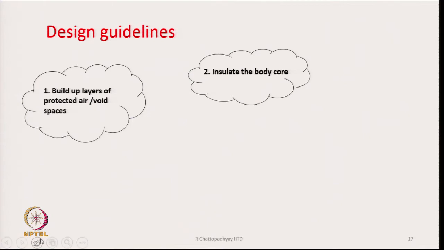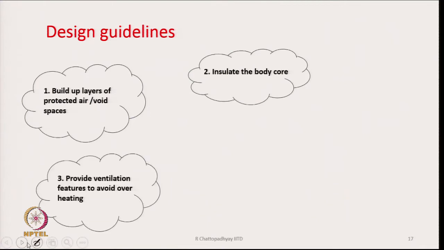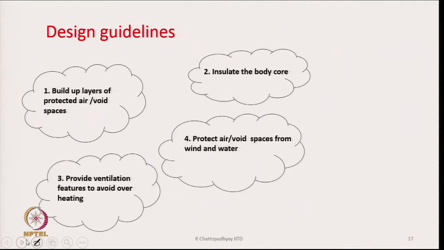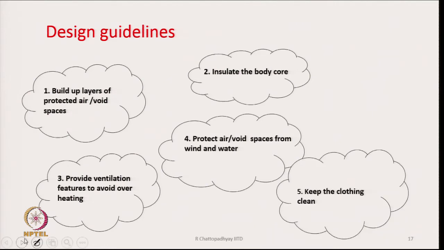Insulate the body core, provide ventilation features to avoid overheating, protect air or void spaces from wind and water, keep the clothing clean. All of them should be important as a part of design guideline.